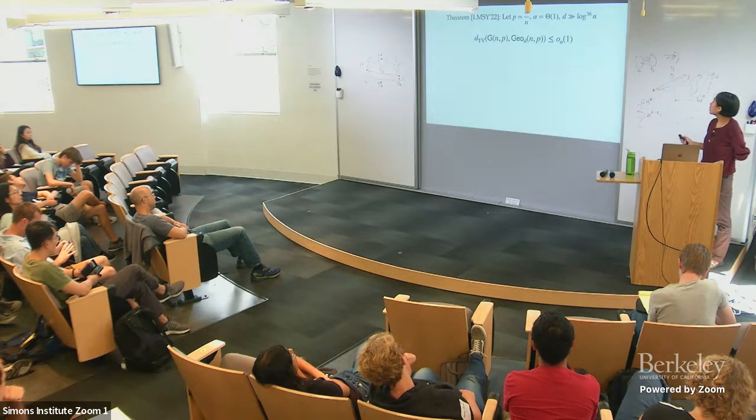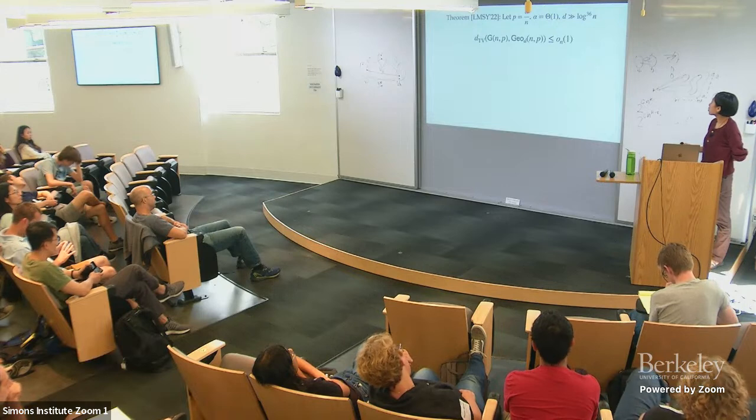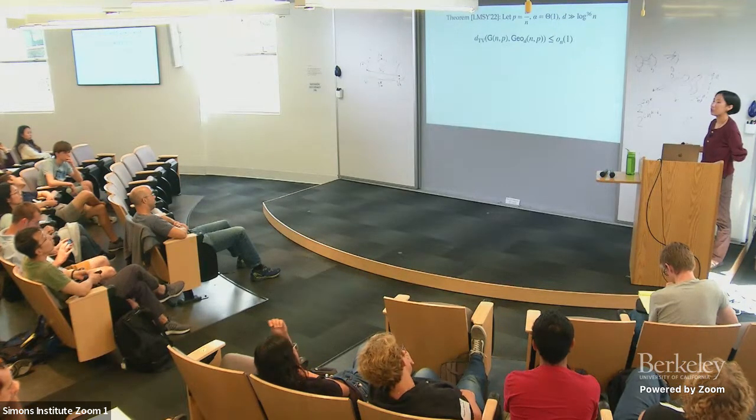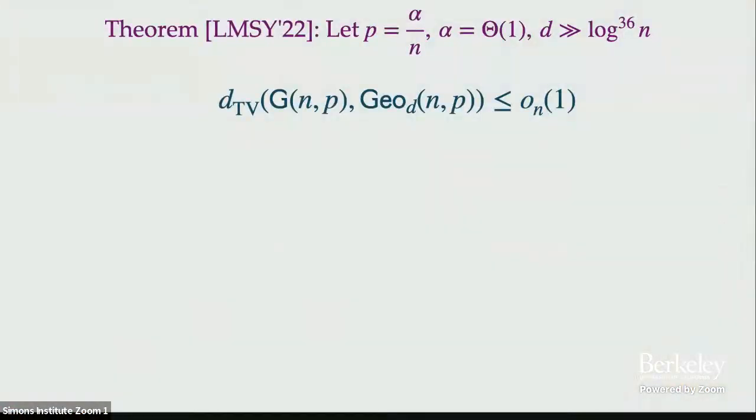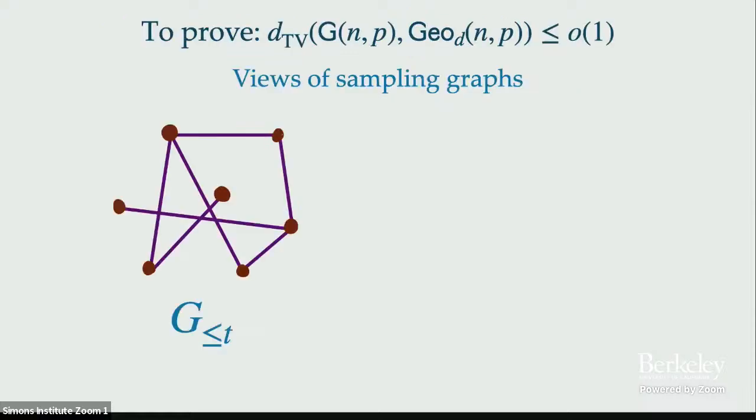Okay, and the essential way to prove this statement, we just want to show that the TV distance between the two random graph distributions is little-o of 1. And to prove this, maybe I'll introduce a more sequential way of viewing the sampling process from these two models. One can imagine sampling the model by adding one vertex at each time.